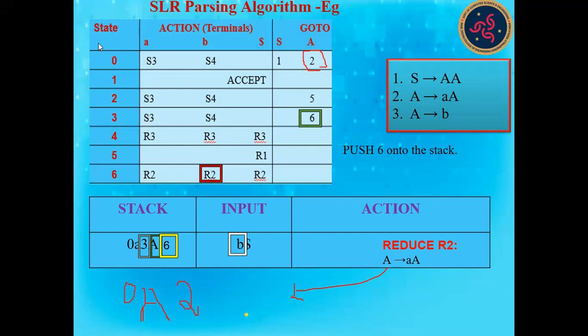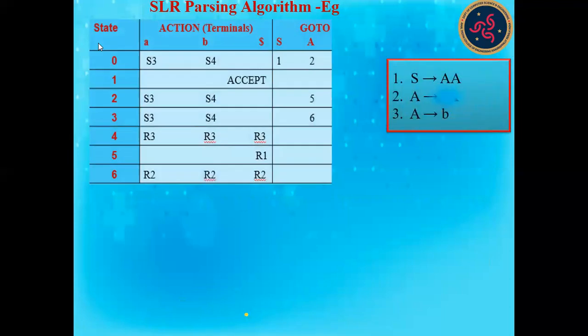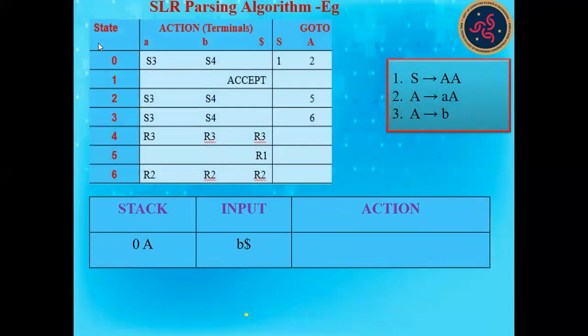Okay, is that clear? So I push A, then go to 0A, that is 2, and push that 2 onto the stack. So I am pushing A, and the number 2 is also pushed onto the stack.